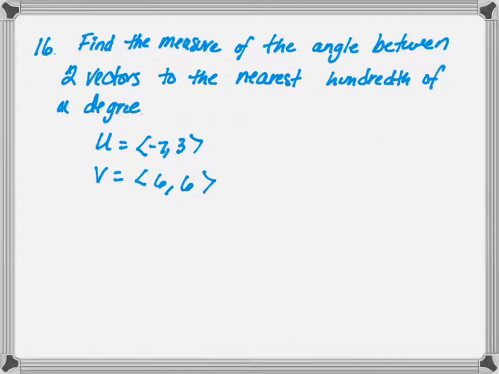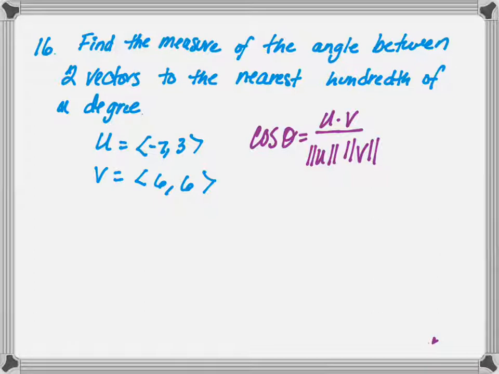All right, number 16 says, find the measure of the angle between the two vectors to the nearest hundredth of a degree. All right, so cosine theta is equal to the dot product over the magnitude of each vector.